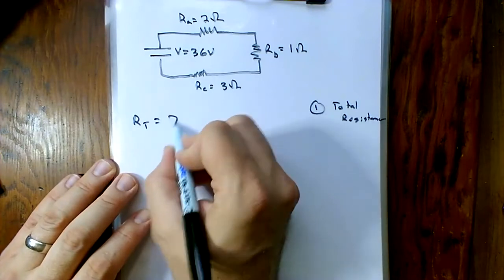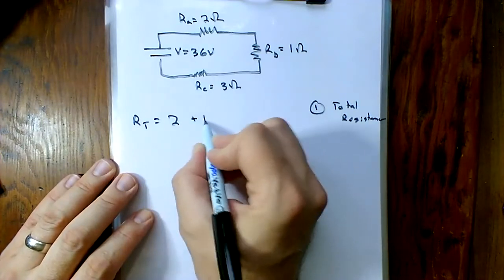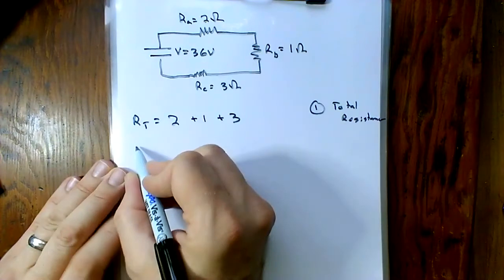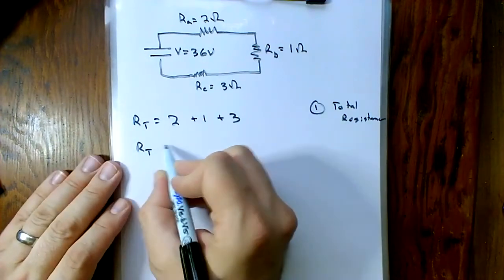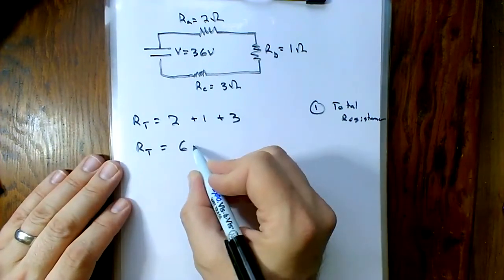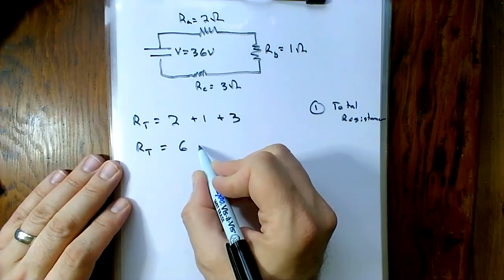In this case, it would be 2 ohms plus 1 ohm plus 3 ohms, so my total resistance is going to end up being 6 ohms.